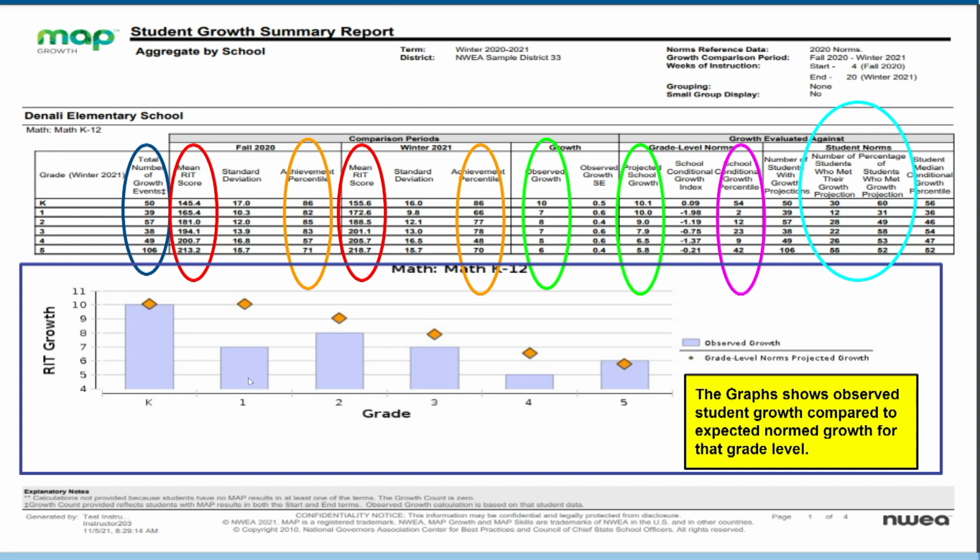If the bar is below, that means the students did not grow what we would expect them to during that time period. So we can see here, kindergartners and 5th grade essentially met their expected growth projections, whereas 1st grade through 4th grade fell short, with 1st being well below what we expected that group to achieve.